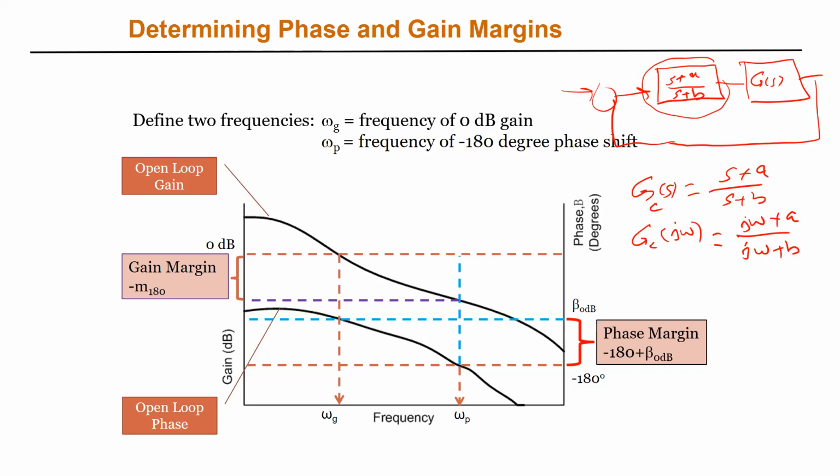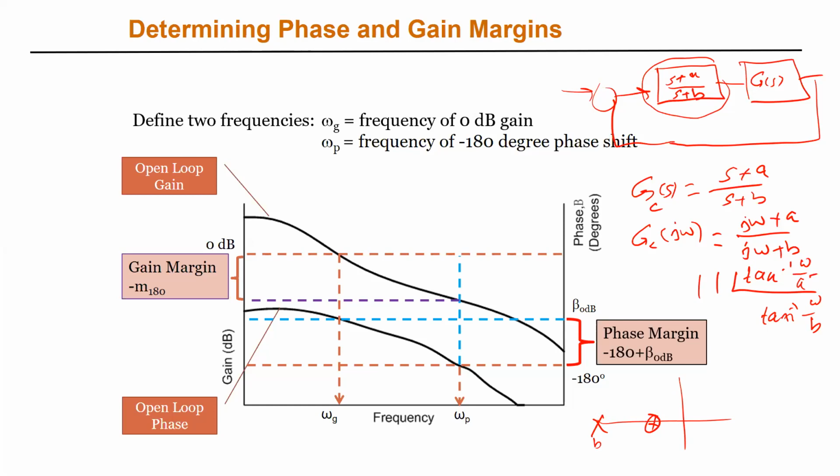What will be the angle? Let's forget about the gain, because you don't have any problem with it. What is the phase? This is tan inverse of omega over A minus tan inverse of omega over B. Do you agree? Yes. Let's say this is A, this is 0, and this is B. I'm adding a zero and a pole.